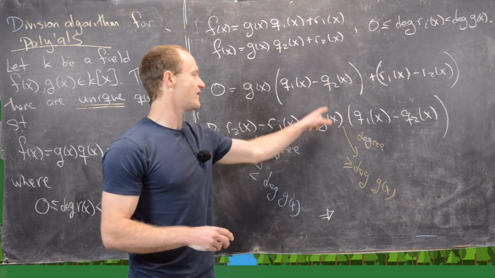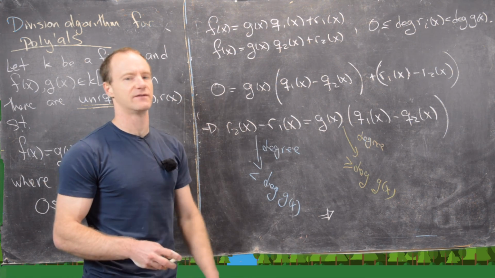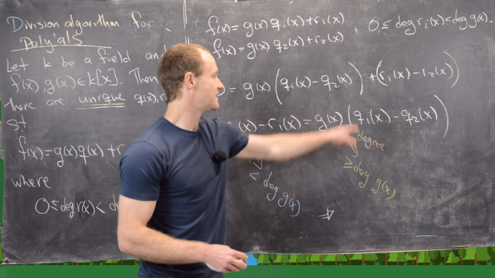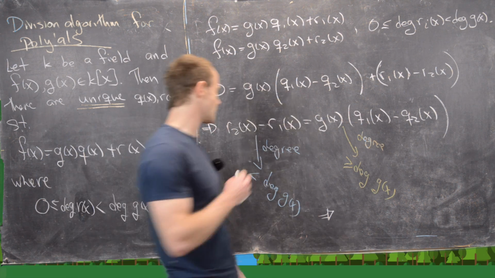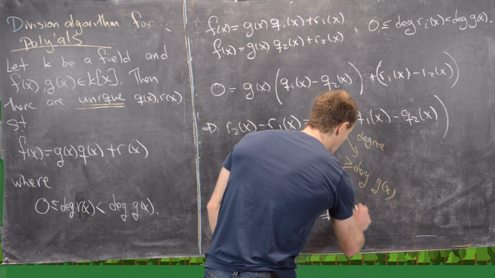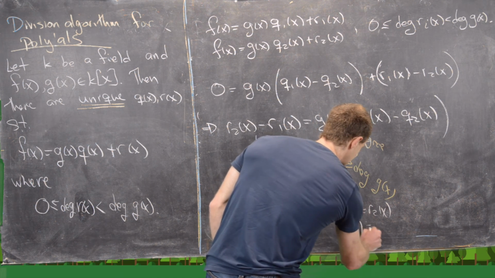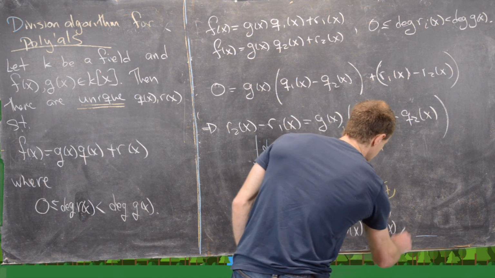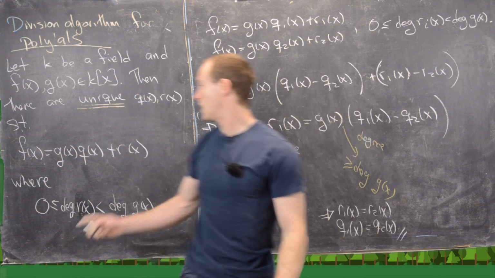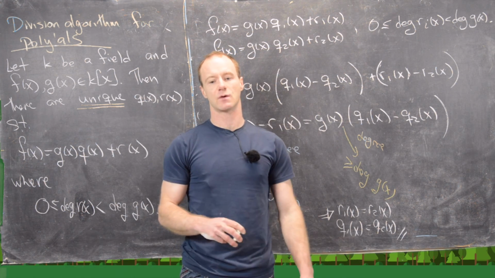But since g of x is not 0, because it doesn't make sense to divide by 0, that tells you that q1 minus q2 is 0. In other words, we have r1 of x equals r2 of x, and q1 of x equals q2 of x. So we have proven the uniqueness of this quotient and remainder.